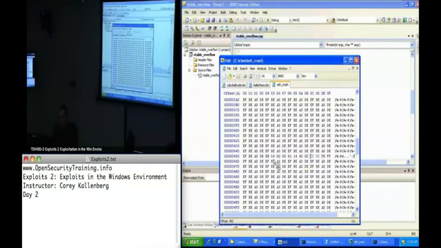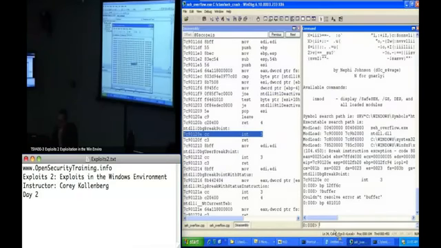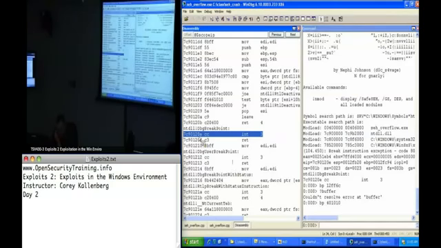I'm going to run SCH overflow again, and I'm just going to set the address of the exception handler equal to a breakpoint function.